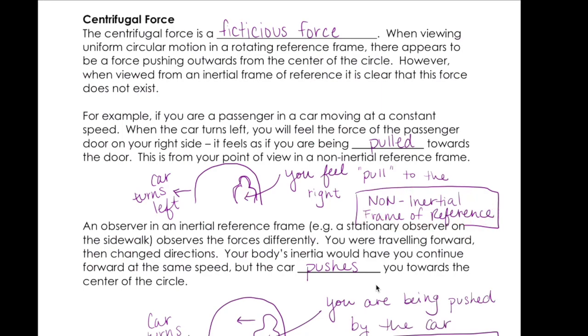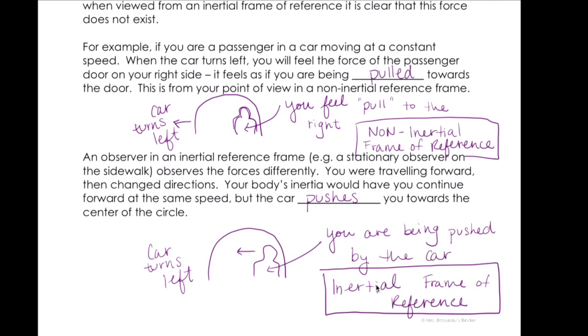You, as the observer inside the car, feel like you are being pulled to the right, but that is not what is actually happening. If we had an observer standing on the sidewalk looking at you, they would see that you are being pulled or pushed by the car to the left.